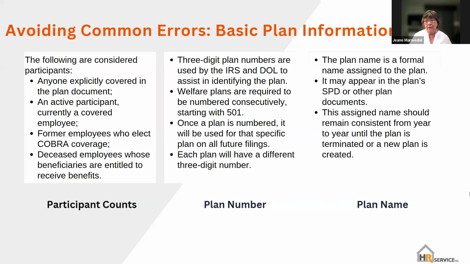In the system that is used to submit these plans, it's called the EFAST system, we can actually go in and look to see what the plan numbers and names were. So that is something that we can assist with, or anybody who has an ID that can get into EFAST would be able to do that. That's an excellent point. Thank you, Jeannie.